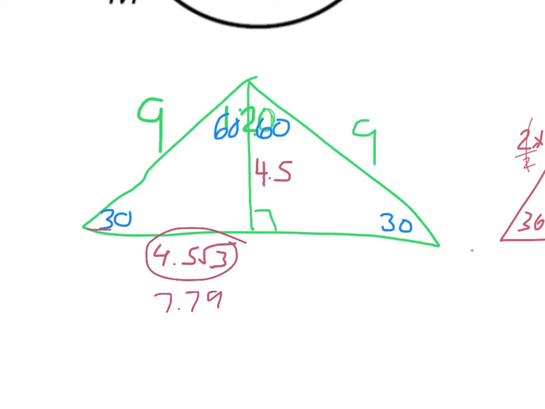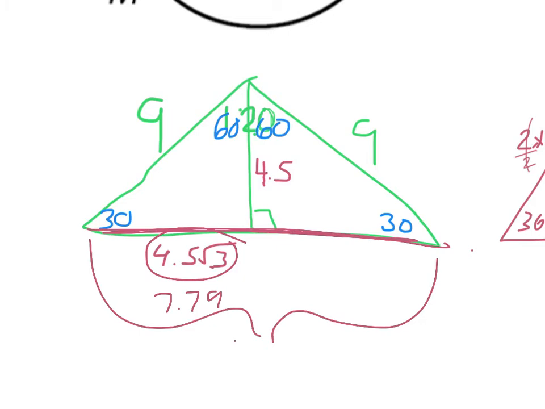But we have to multiply it by 2 to find what this whole base is. So our whole base here is going to be 15.59. I'm just going to round it.